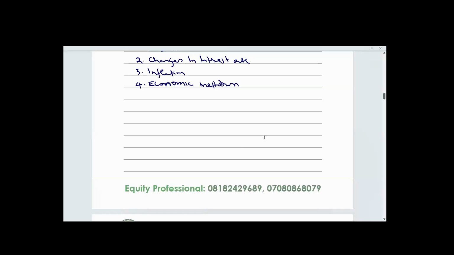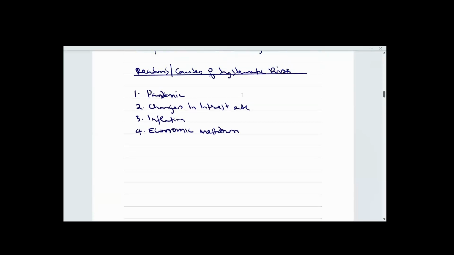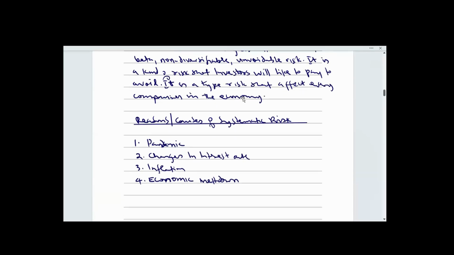All right, in such an environment, there is hunger, there is famine. So in such an environment, there is no kind of business that you can do because there is an unstable political environment, a geopolitical crisis. So these are some of the examples of systematic risk.